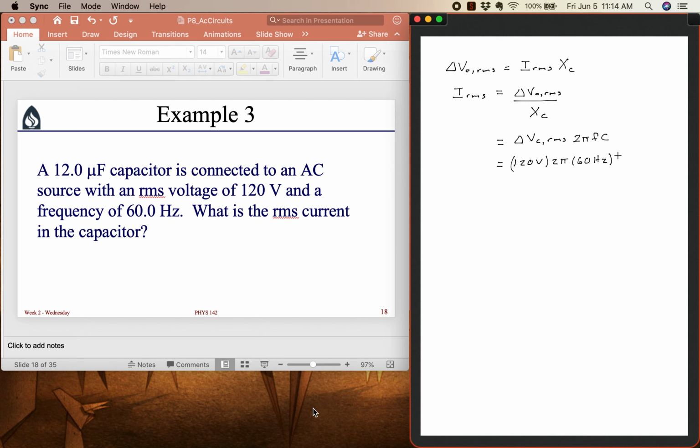And then the capacitor has a value of 12 microfarads, so 12 times 10 to the minus 6 farads. So that's going to give us an RMS current which is equal to 0.543 amps, so about half an amp.